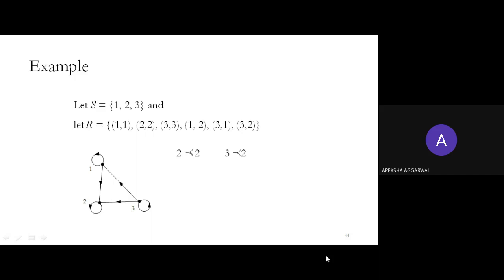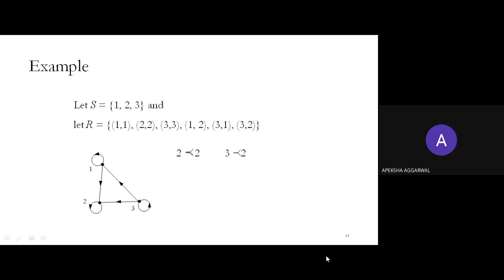And 1, 3 is comparable or not? 1, 3 is comparable or not? Anyone? The comparable definition says either A should be less than equal to B or B should be less than equal to A. So 3, 1 is there. So 1, 3 is also comparable. 1 and 3 is comparable, right?